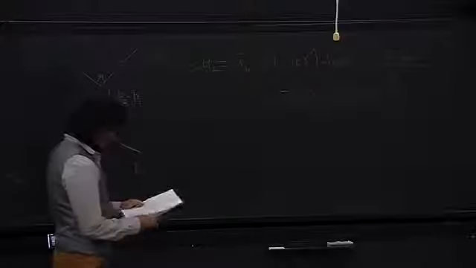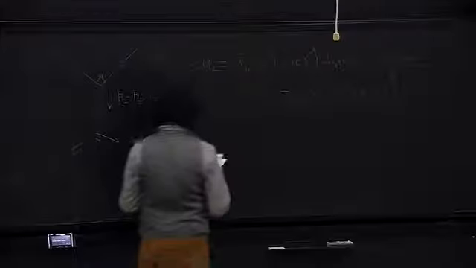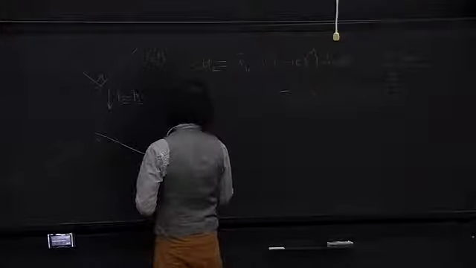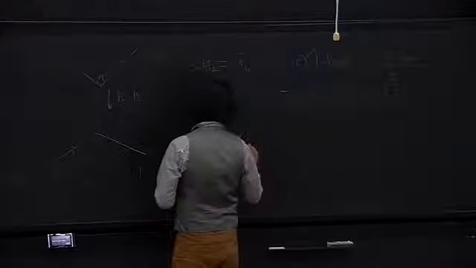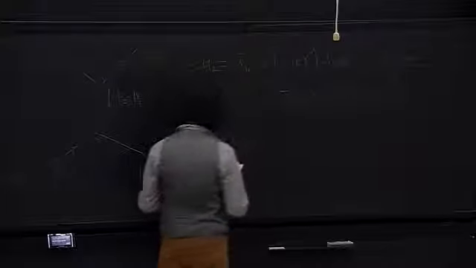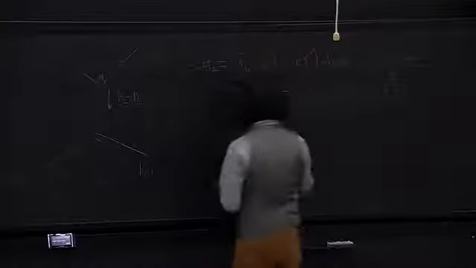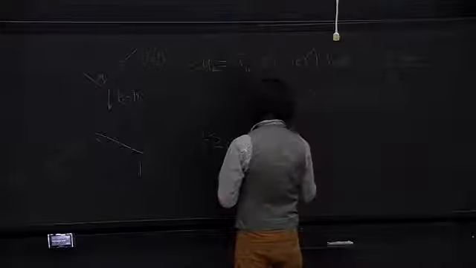The details are given in the notes, and I'm not going to do this. Then you can use the gamma matrix identities and simplify that result. And when the dust settles, you get something that looks like this.